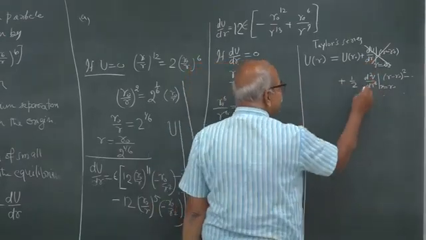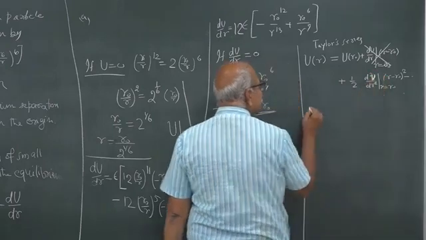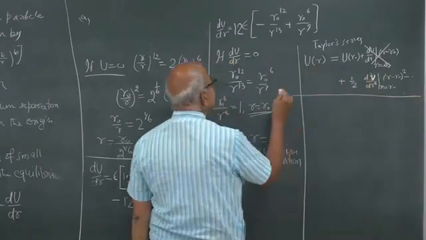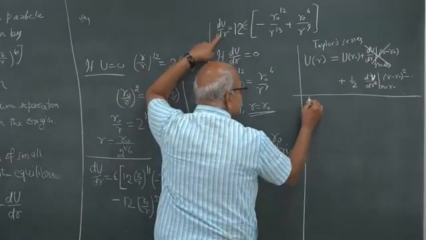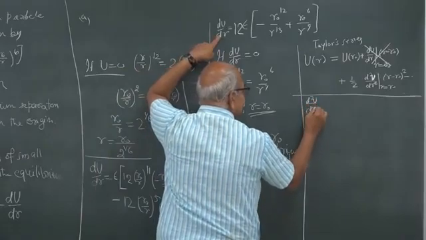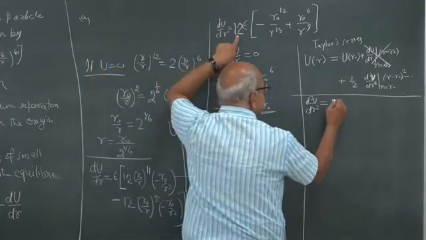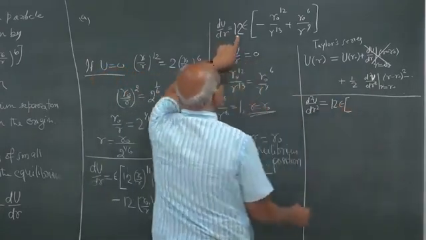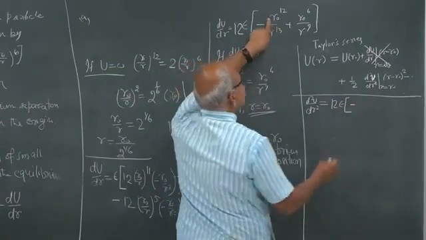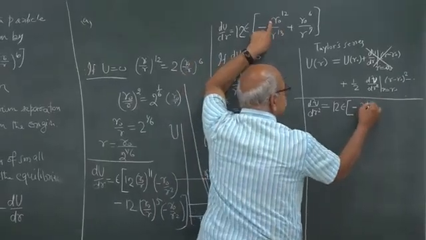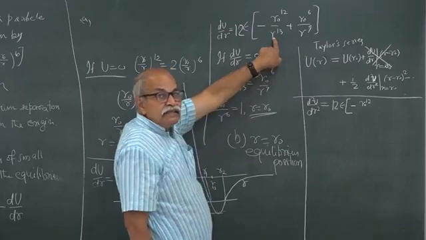We can do that for u, and its du dr is here. So, let us calculate what is d2u dr square equal to 12 epsilon, minus r naught to the power 12, and then you have to differentiate r to the power minus 13.